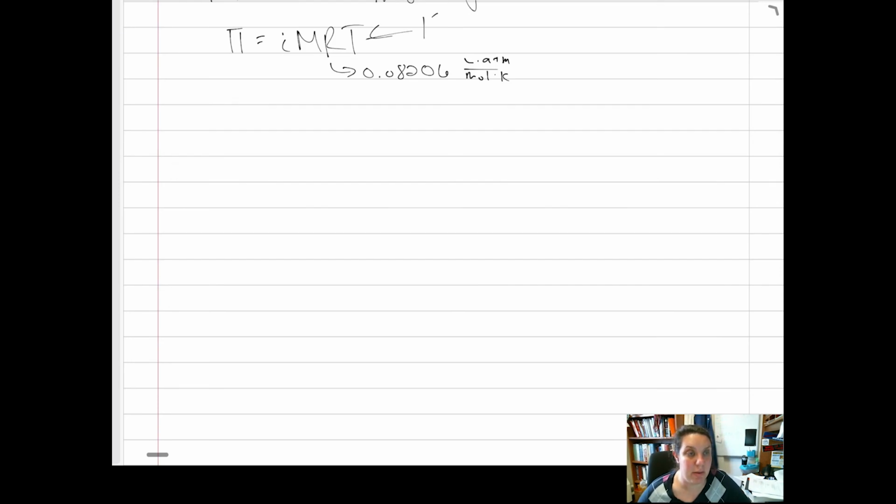Okay, so be able to do osmotic pressure calculations and solve for molar mass using these equations. Know what isotonic, hypertonic, and hypotonic solutions are.